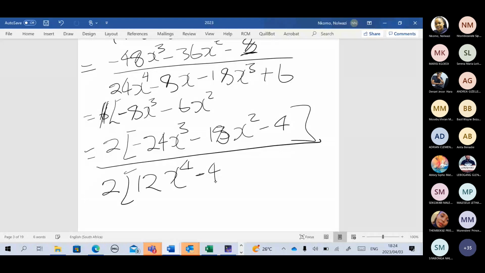Plus 4x minus 9. You can't take out a common factor anymore. So we just cancel out the twos.